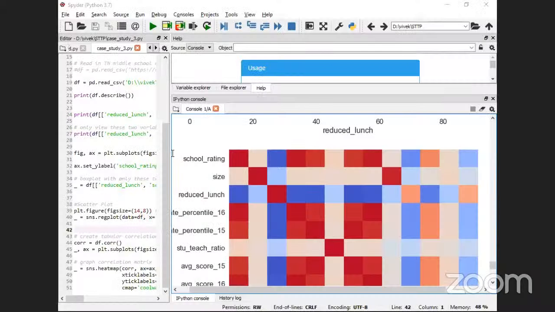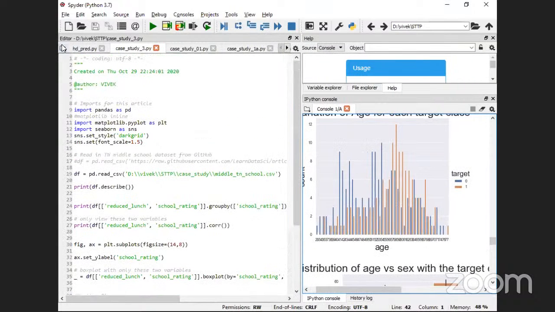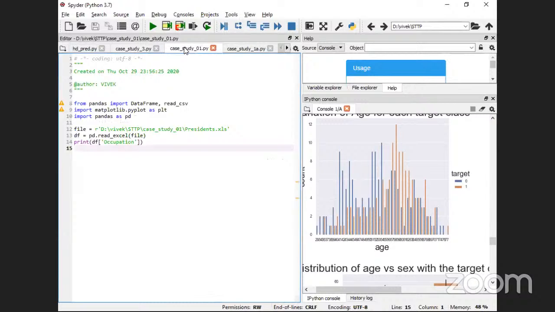You have several tools available, like PyCharm, Jupyter, even IDLE, but in my case I've used Spyder for my analysis. You can use any other tool at your convenience.